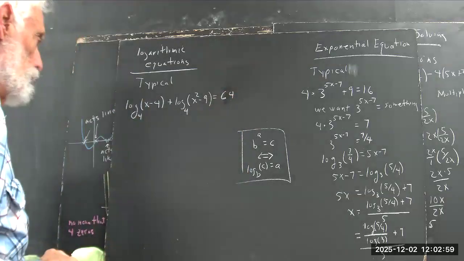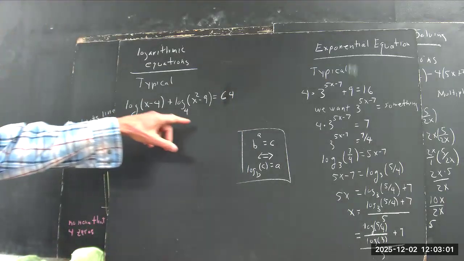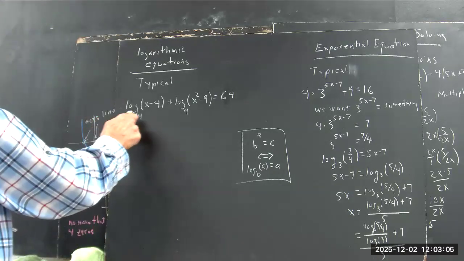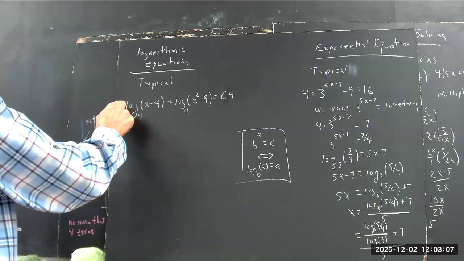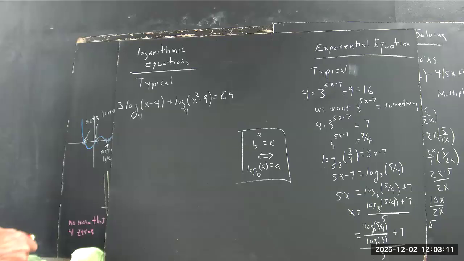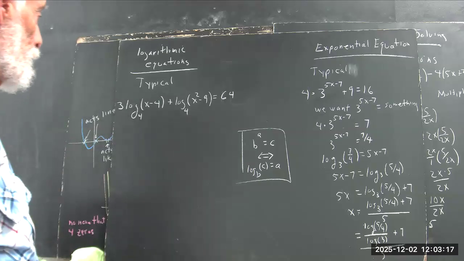Although it's not going to make a lot of difference. How do we solve this equation? I'm even going to get real mean about it and put a 3 in front of this one. Because we want to refresh a little bit on the rules for logarithms.